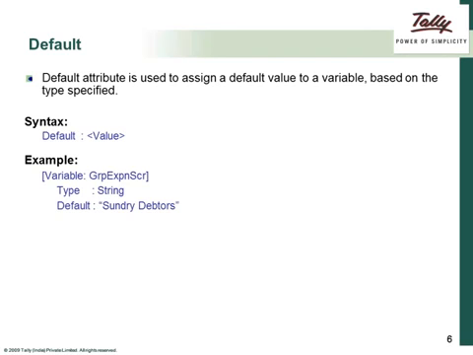Whenever a variable is introduced to your system, that is the first time the variable definition that you have provided is introduced to your Tally. For the first time you open your Tally and the file is attached, what will be the default value? You may provide, you may not provide, depending upon the customer requirement.